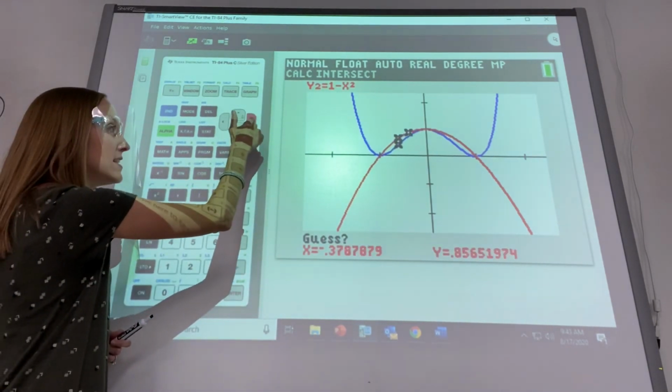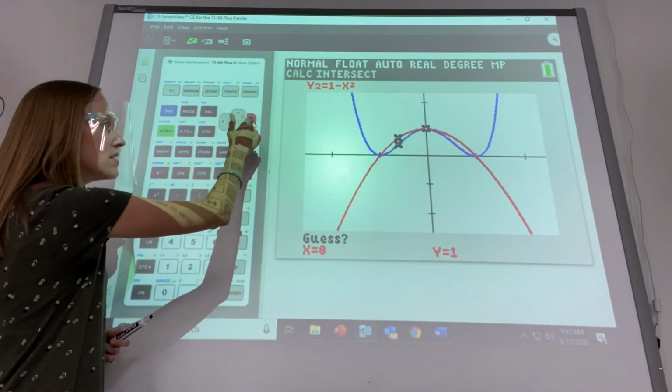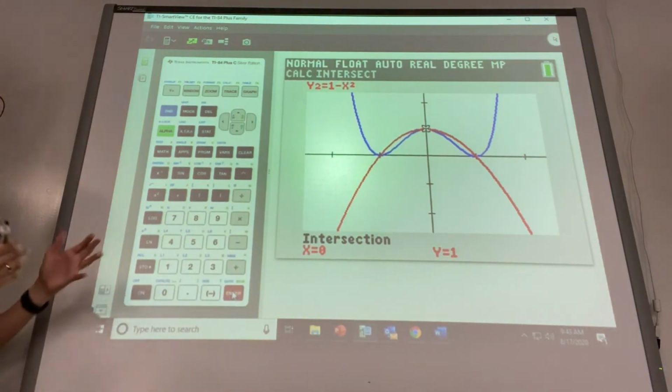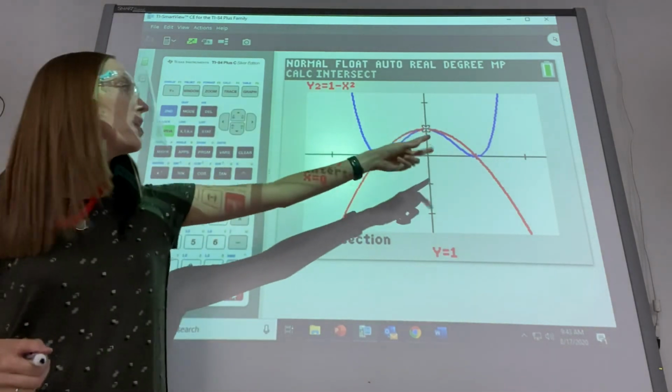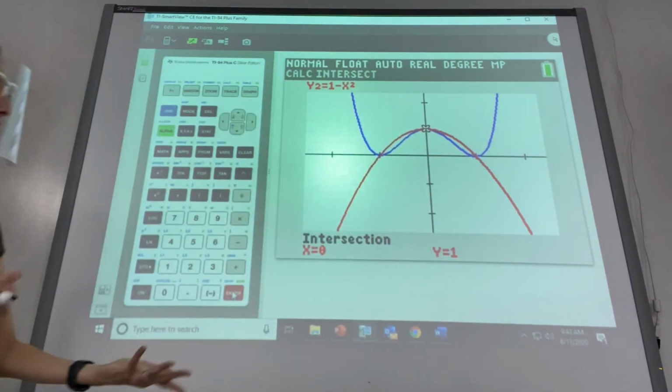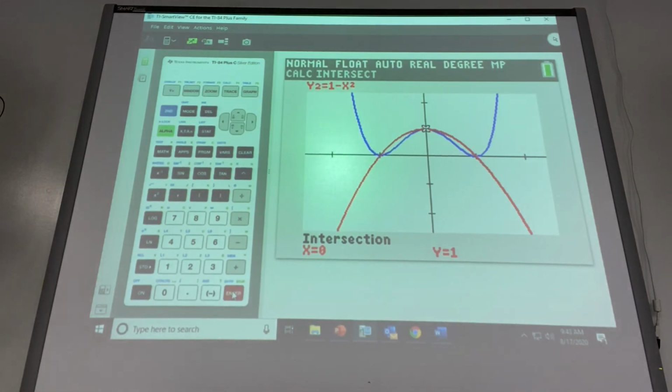So guess, I'm going to bring it back to where it was, and there we have it, 0, 1. That's the second one. The third one is at 1, 0. Again, it's clear on this graph, but if it's ever not clear, the calculate and then the intersect button can tell you exactly where those are.